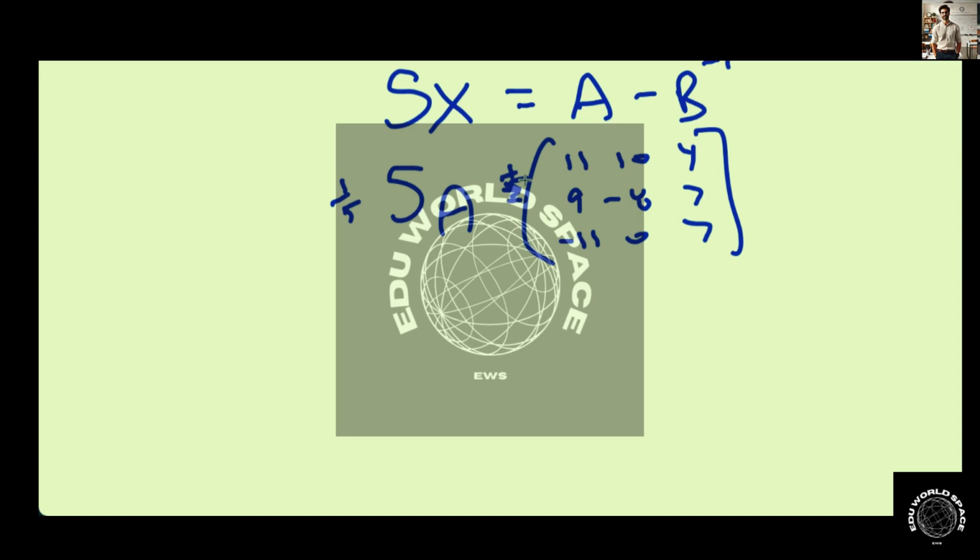And so that would mean it's 11/5, 10/5 or 2, 4/5, 9/5, and -8/5, 7/5, -11/5, 0, and 7/5.